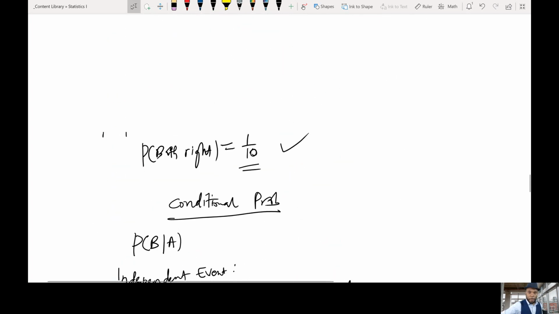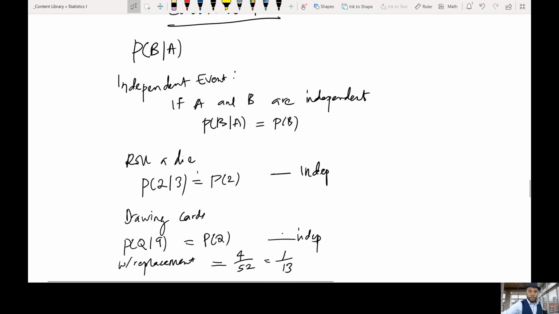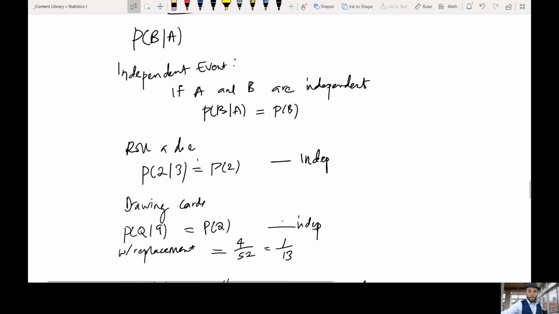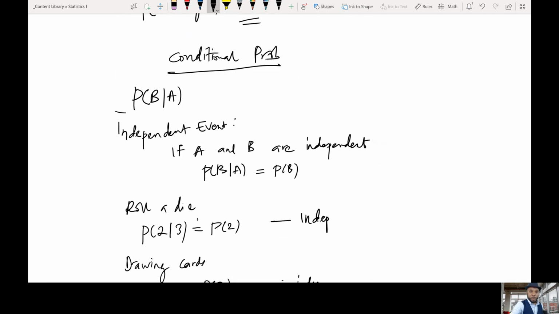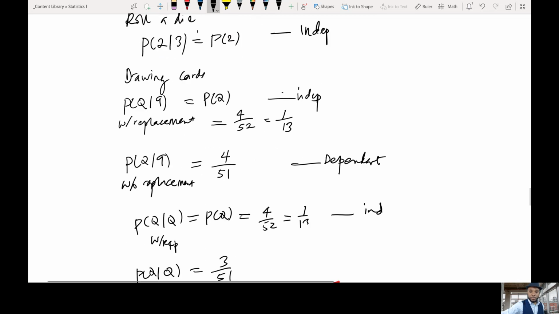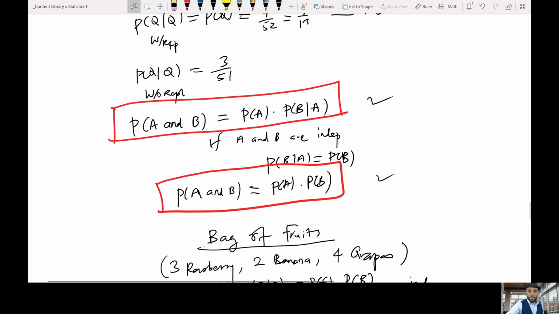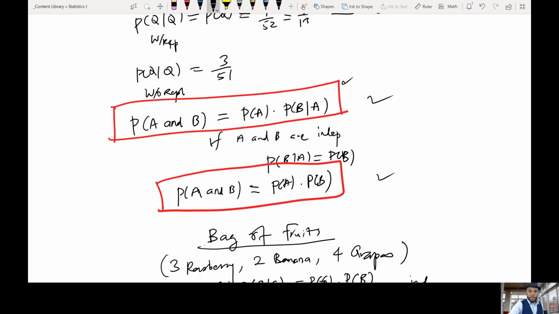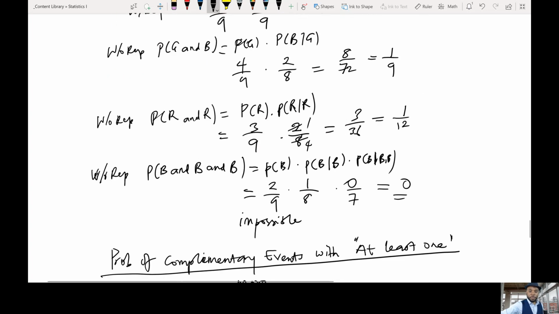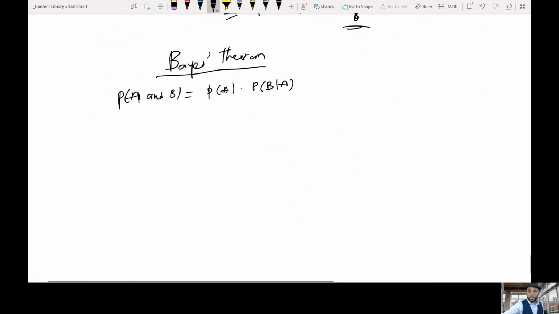So here we're building something. Looking at this here, we have the probability of A and then B is equal to the probability of A times the probability of B given A. So that's the multiplication rule, which we derived.